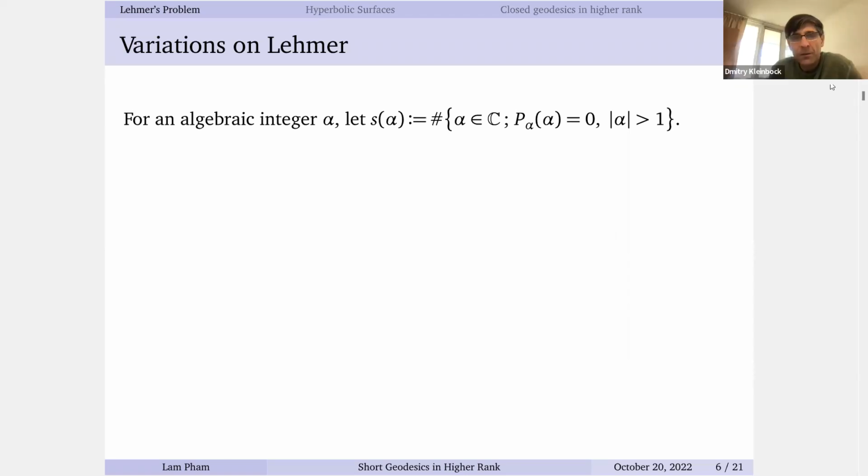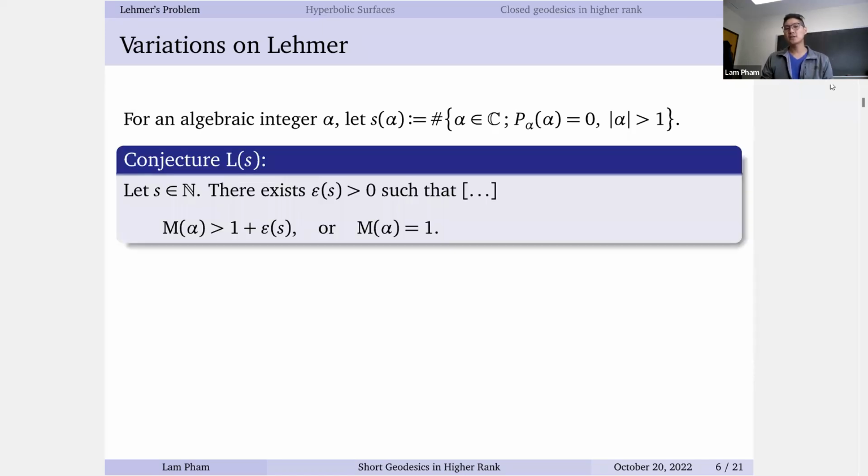Well, this is confusing. There are two alphas, so one alpha is fixed and another is a parameter. Oh, yes, sorry. Yes, that's true. The alpha in it should be z in C, such that P_alpha(z) equals 0 and the absolute value of z is greater than 1. Okay. That's correct. That was very misleading. Apologies. Thank you.